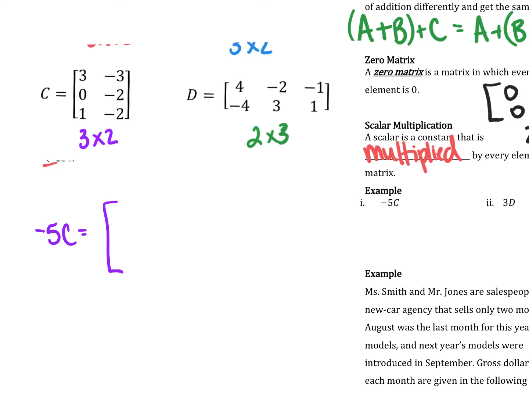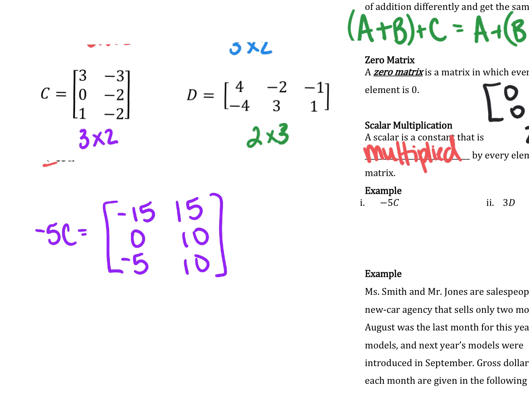Negative 5 times 3? What's negative 5 times the negative 3? Positive 15, right? Negative 5 times 0, negative 5 times the negative 2, positive 10, negative 5 times 1, and then negative 5 times the negative 2. Here's the scalar for negative 5c.